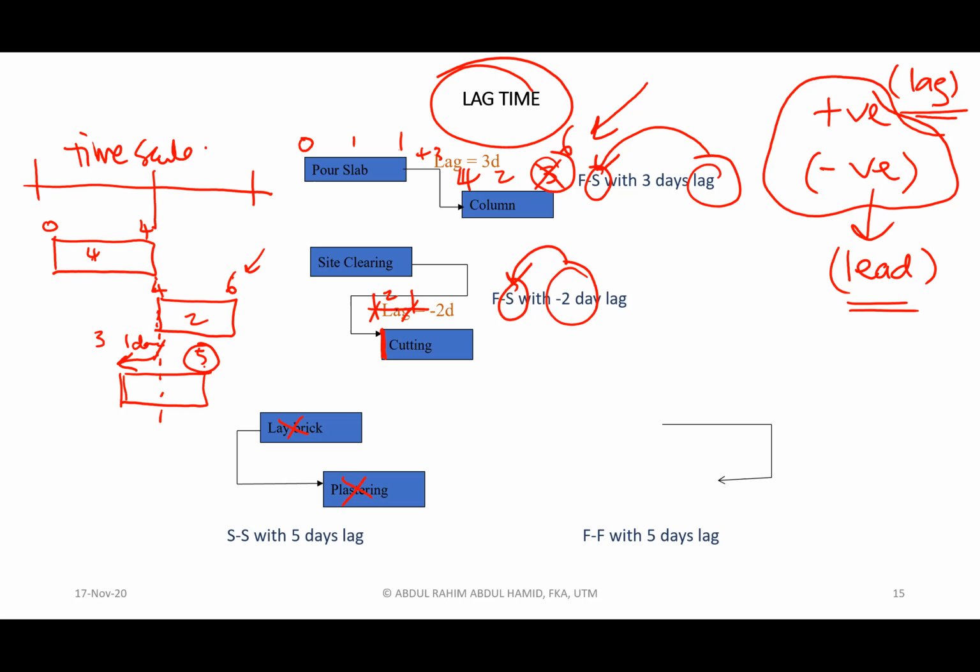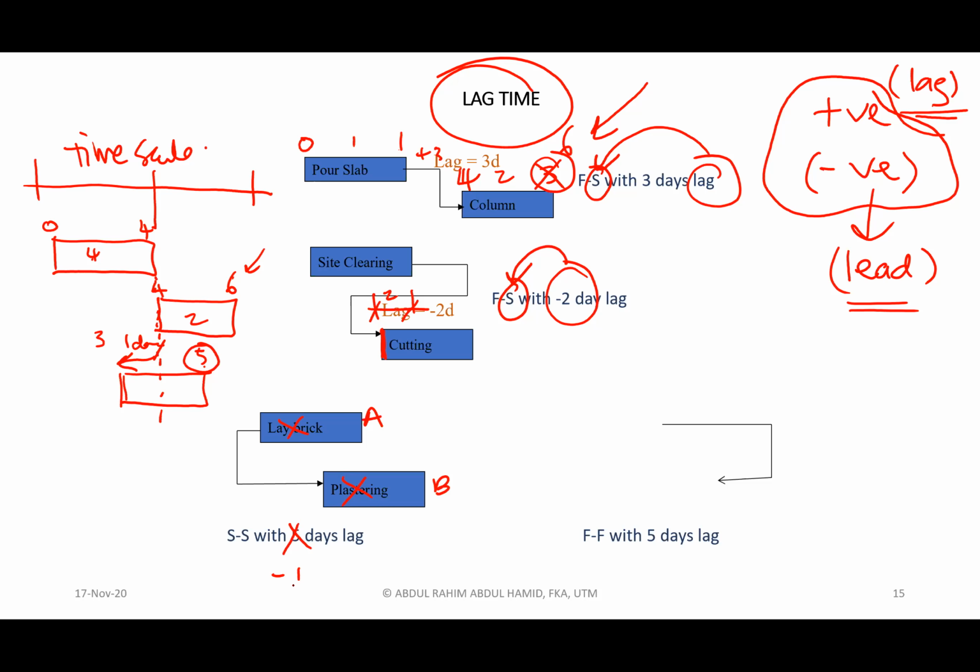Okay, but just imagine this is activity A, this is activity B. What if start to start with negative? Let's say negative instead of 5, let's say -1. How do we draw this?